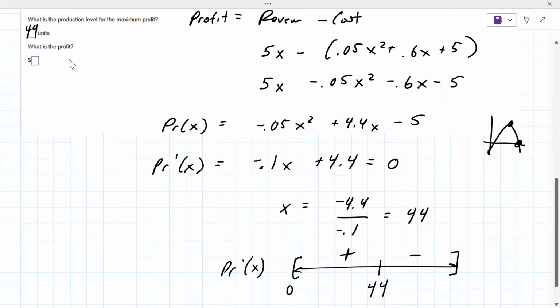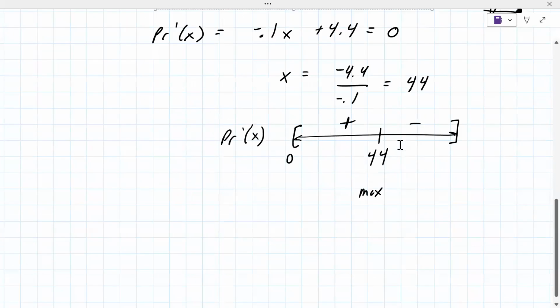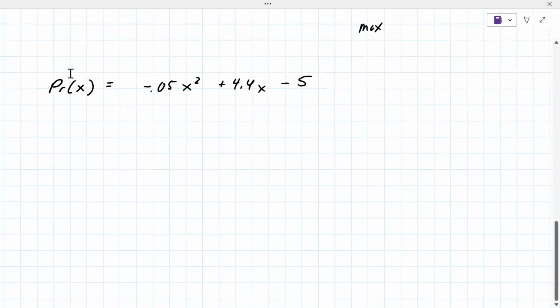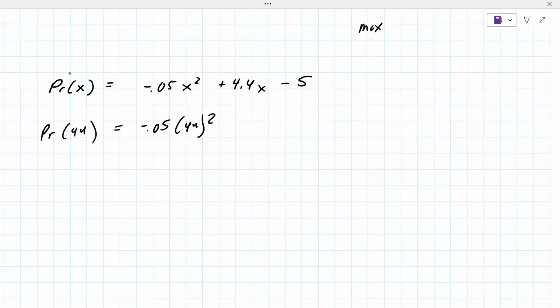So now the profit itself, you have to take this 44 and put it back into this line here. So I'm going to grab that line and we're going to find the profit of 44. I use PR for profit because sometimes P stands for price in other parts of the course. Like that, and get that number.